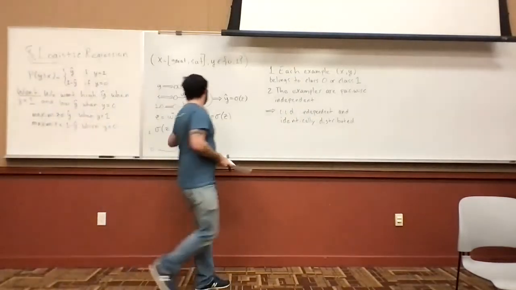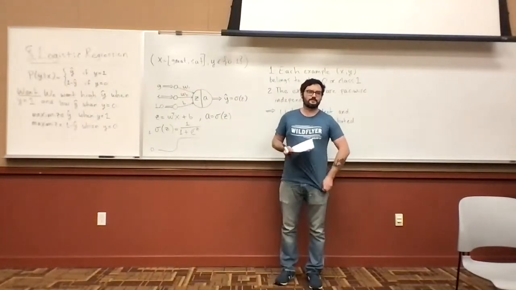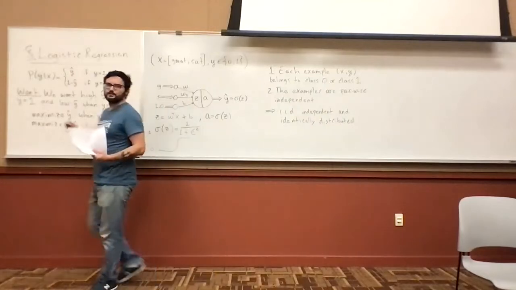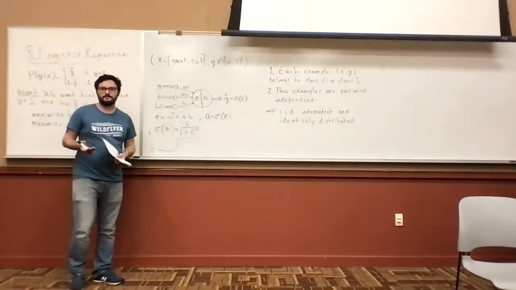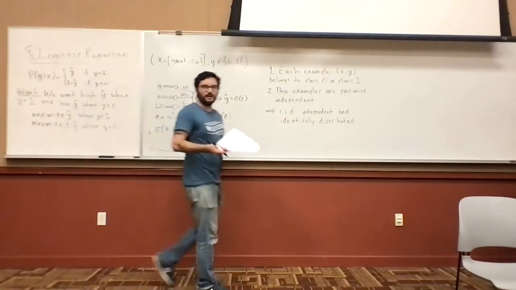And we want to somehow train these weights to do that for us. So how do we train the weights? We need a loss function. The only way to train the weights is with a loss function. That way we know when we're doing badly, right?